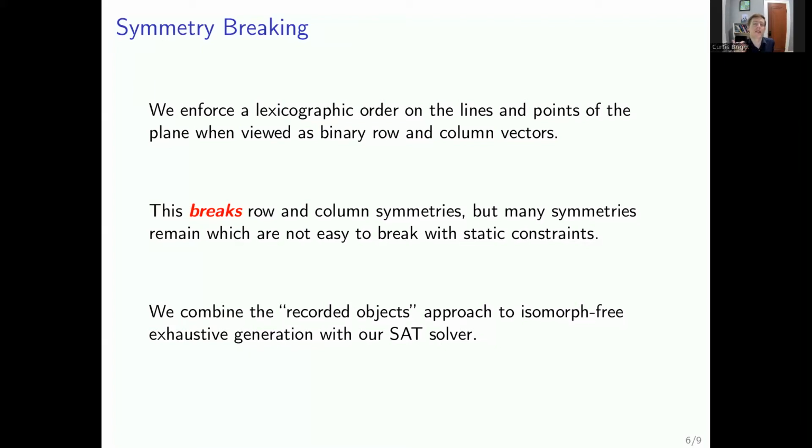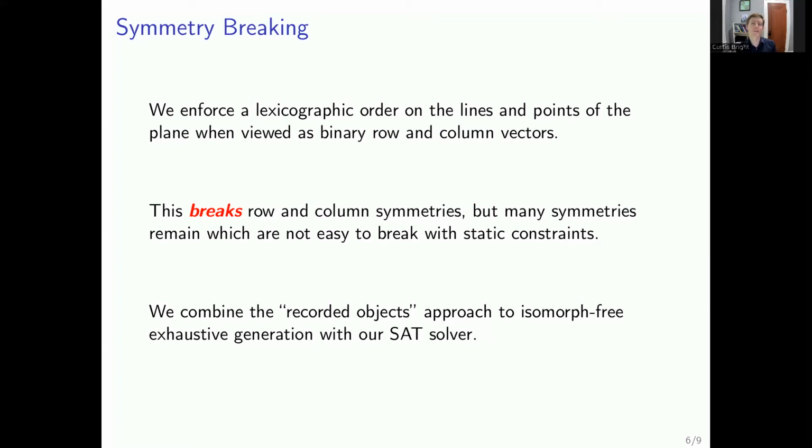We say that the lines and points are ordered in a lexicographic fashion. This is going to significantly reduce the size of the search space without losing any solutions, because we're freely able to permute the rows and columns as we please. So we just force a particular ordering. Now this removes a lot of symmetry.